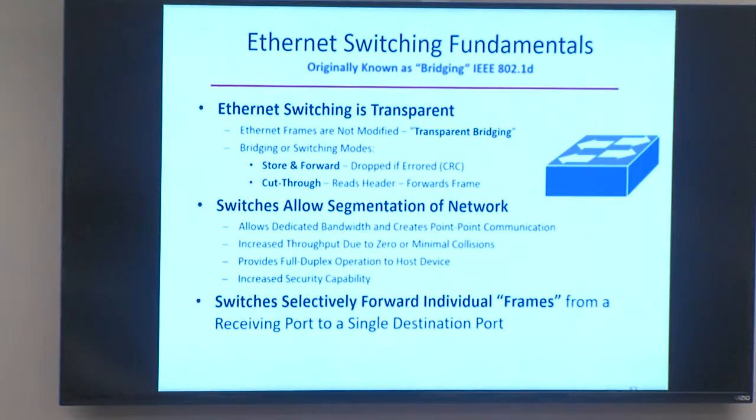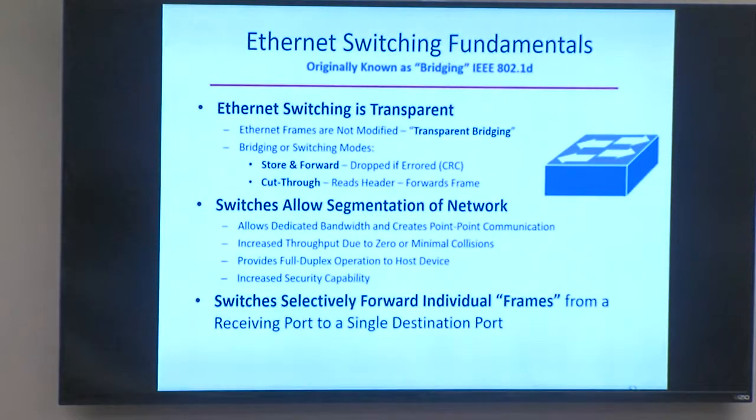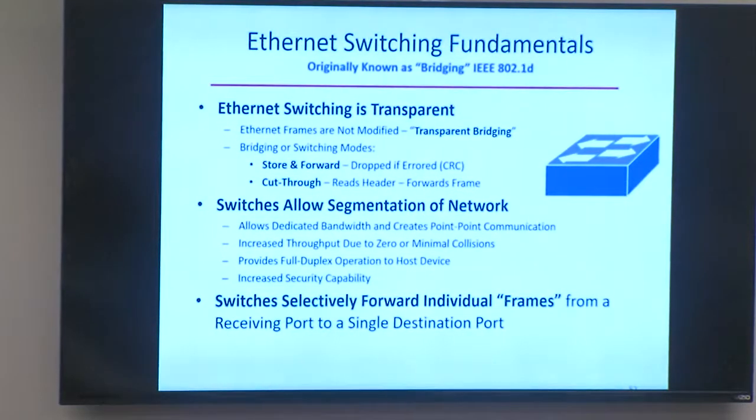So it's dropped. Or there's cut through, which simply reads the header. To make the switching or bridging decision, all the switch needs to do is look at the destination MAC address, and that's all it does in cut through mode. Thus, it's faster. That's why that mode was developed.